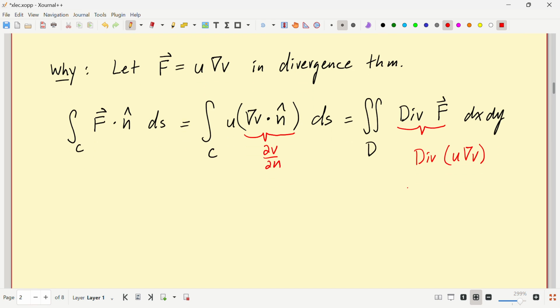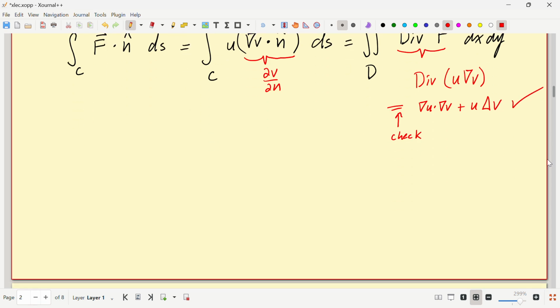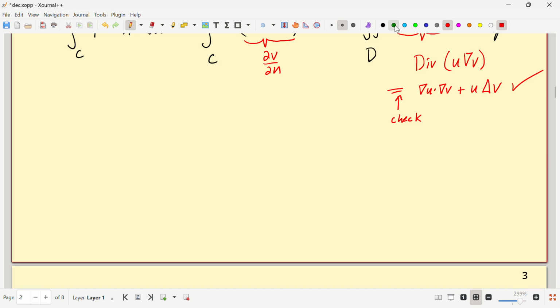You have to check this; it's a matter of writing it out. That's grad u dot grad v plus u times the Laplacian of v. So that's Green's first identity, and that's all there is to it. Once you know Green's first identity, Green's second identity pops right out.